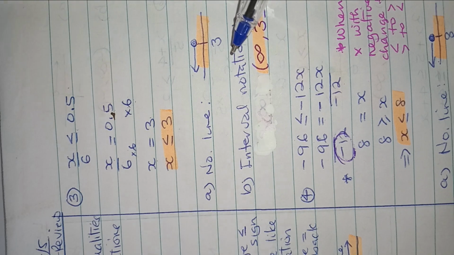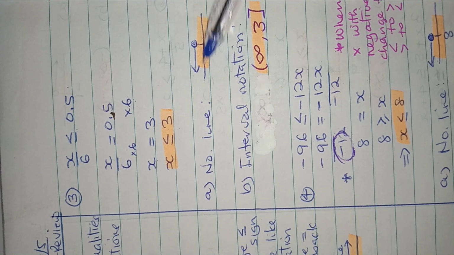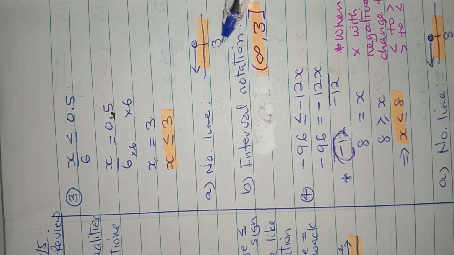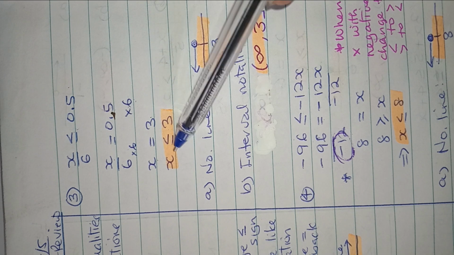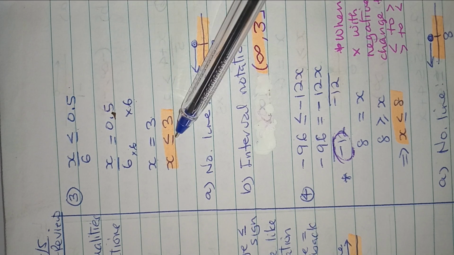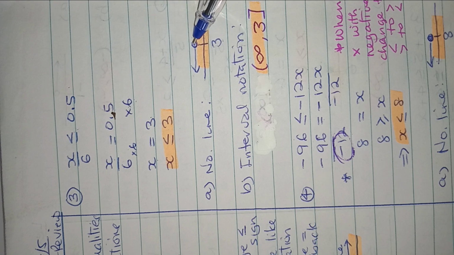So putting it on a number line, mark the 3, put the circle, and then decide if 3 is also an x value, meaning if 3 is equal to x or x is equal to 3, then your circle is a shaded one.